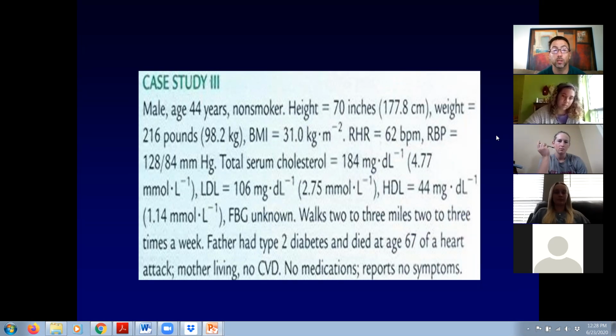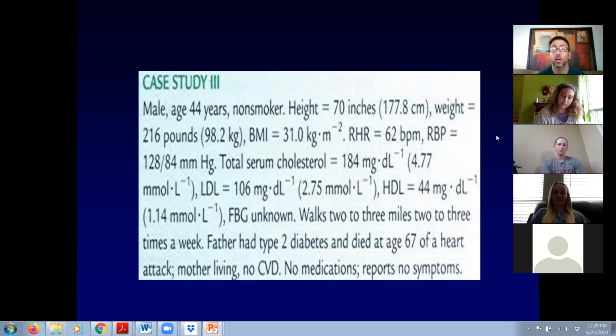Okay. His total cholesterol is 184. His LDL is 106. Are either of those numbers going to be problems? No. And the 3 of y'all that I can see are saying no, that's right. So LDL is not an issue.